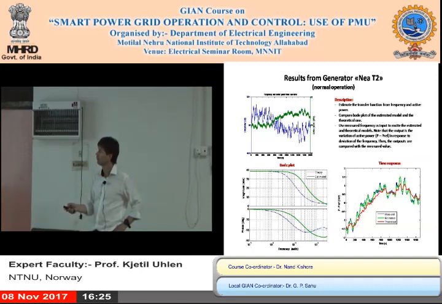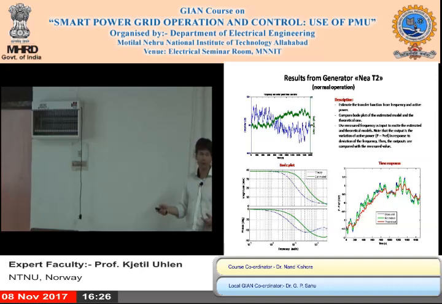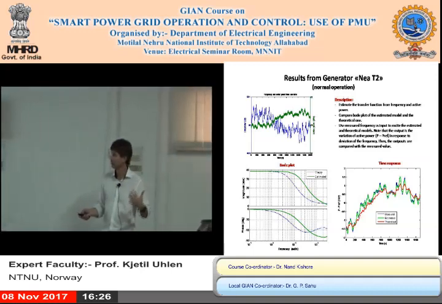So you have variation within the allowable band, and power output on another scale here, of course. But you see here the big trend is what you would expect, that when the frequency goes down, the power goes up, following the droop characteristic.